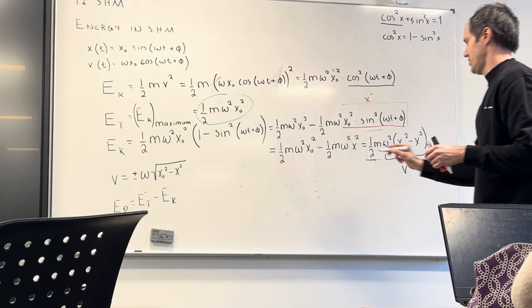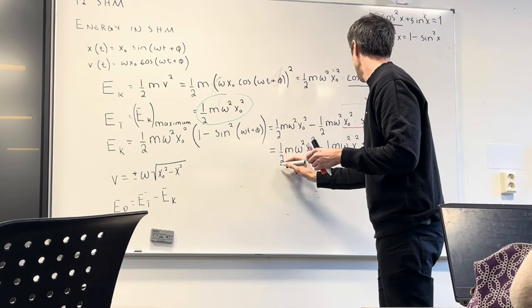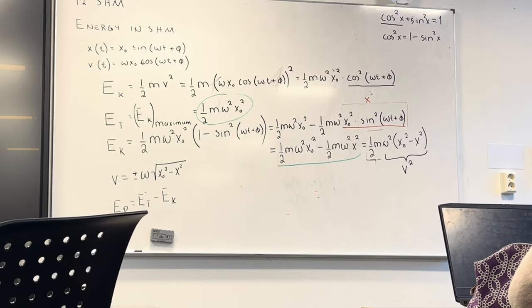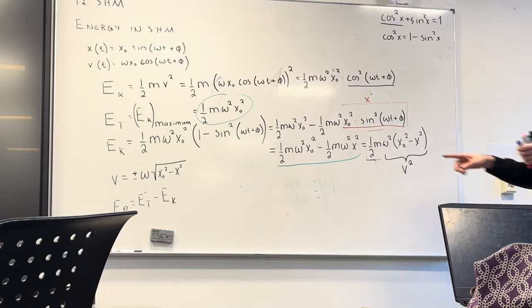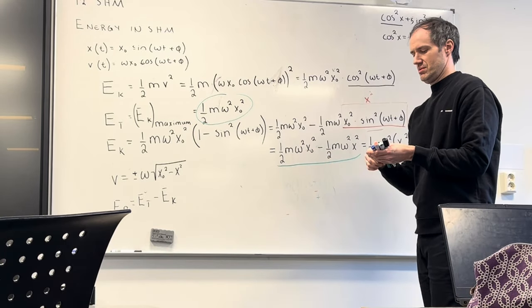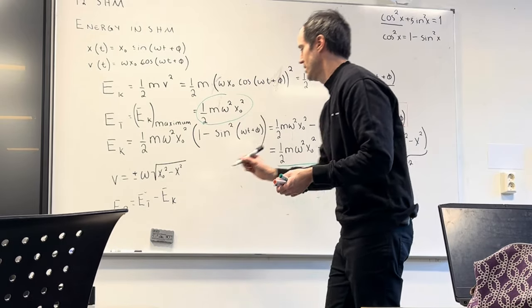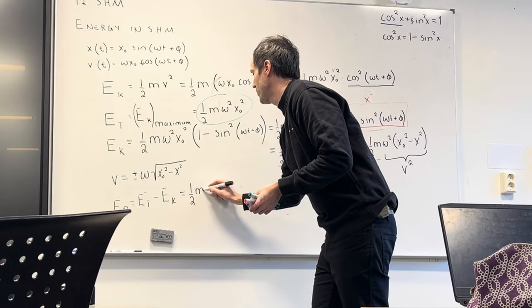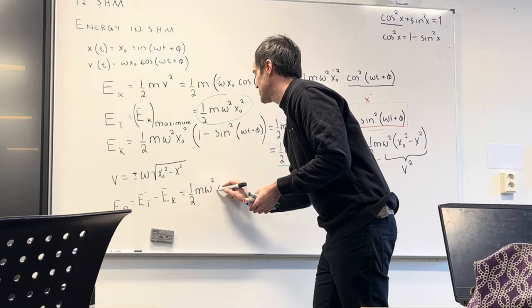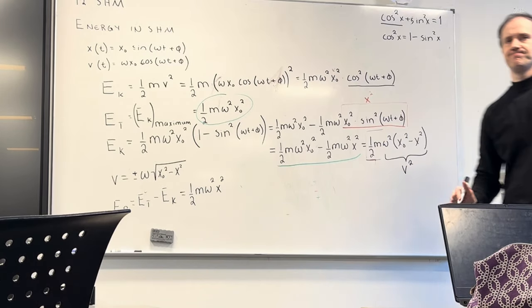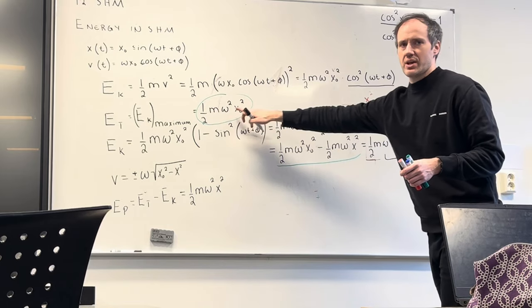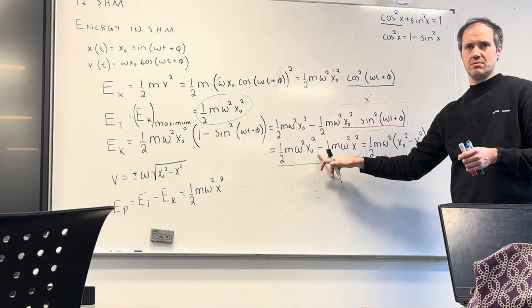I'm not going to do it, I'm just going to write the answer. That's going to be 1/2 m omega squared times x squared. Because if I take this minus this one, these two cancel each other out, and this becomes what's left.